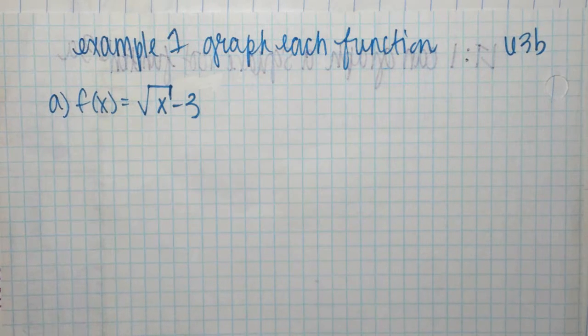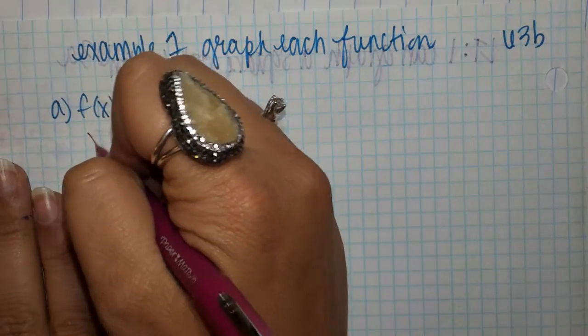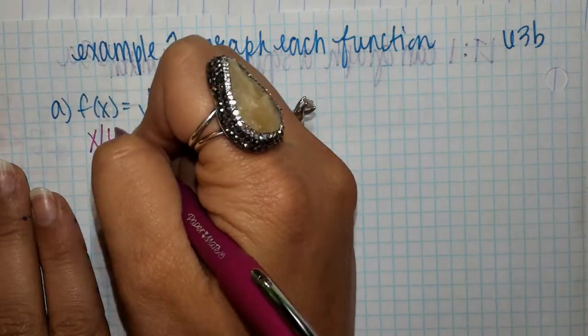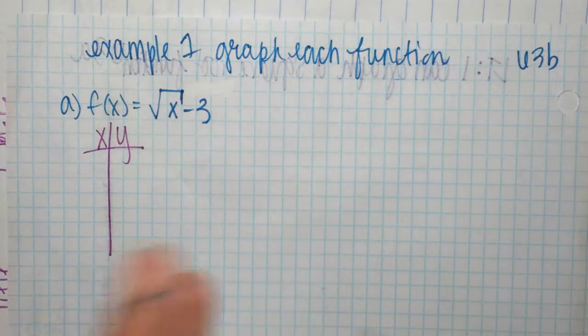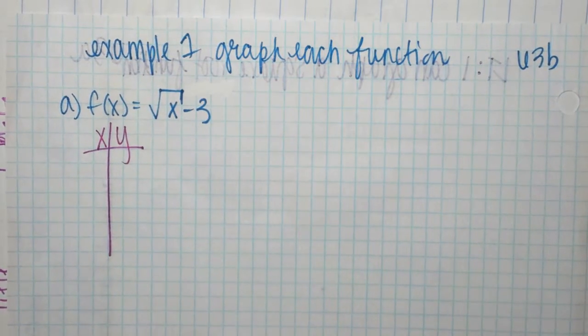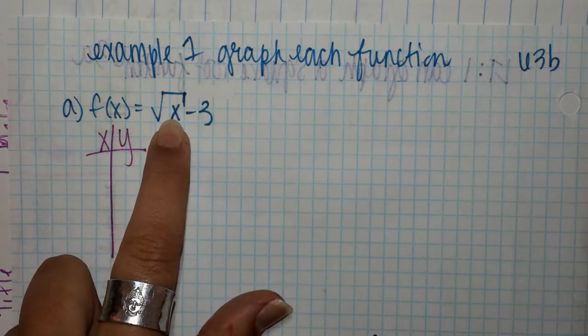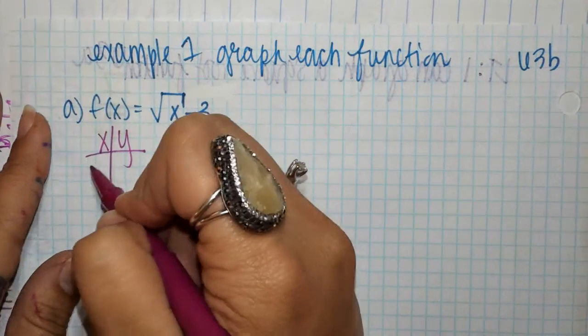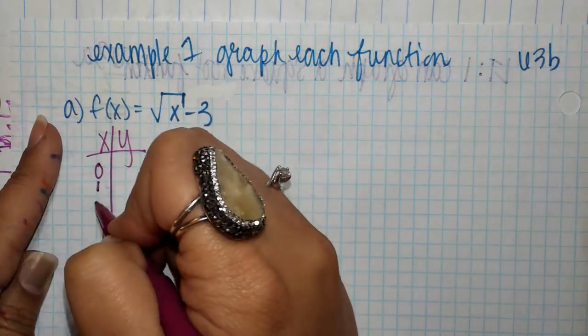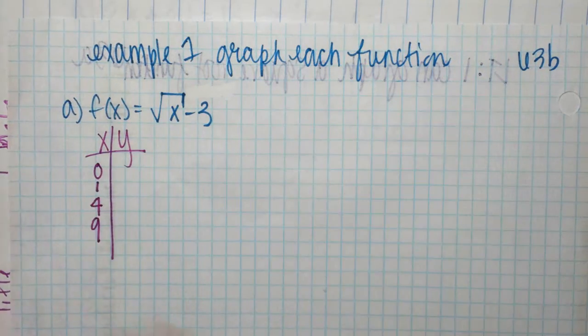But I want to plug in our x values just so we see what the table will look like, okay? So we have x, y. Now, I said we use perfect squares unless there's something under the radical. Is there anything under the radical? No, so we use perfect squares: 0, 1, 4, 9.